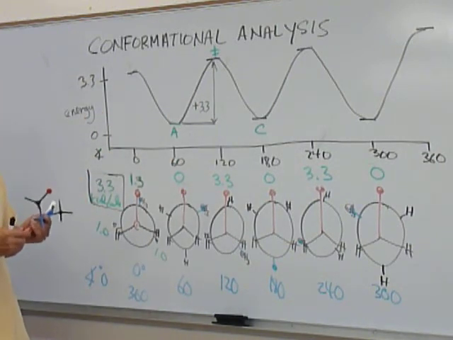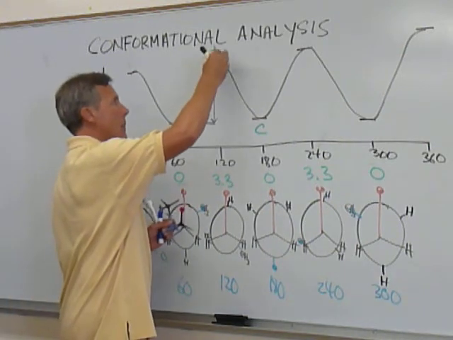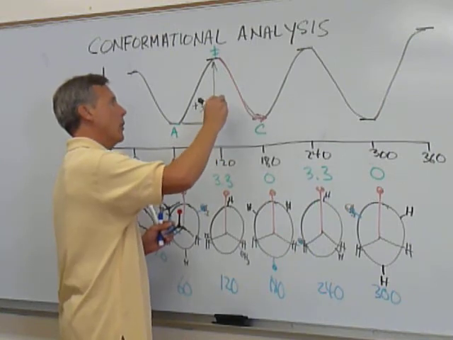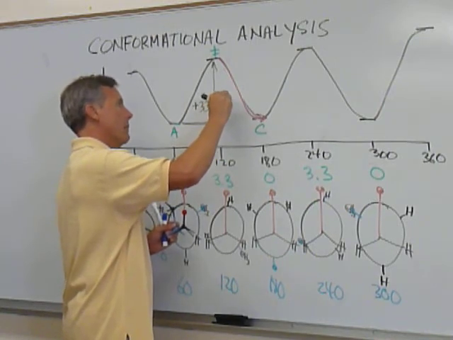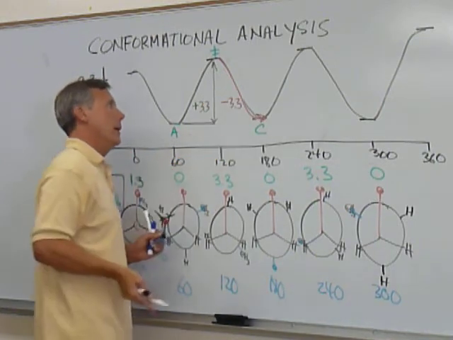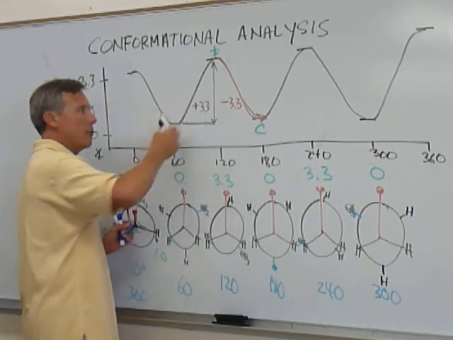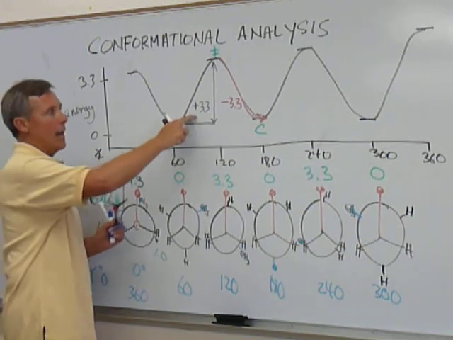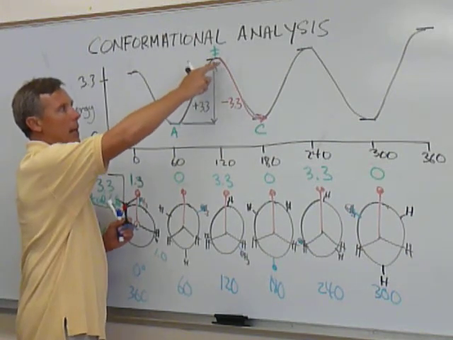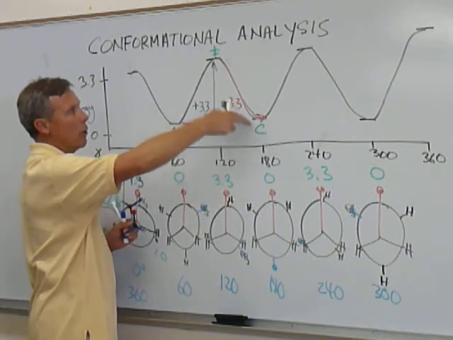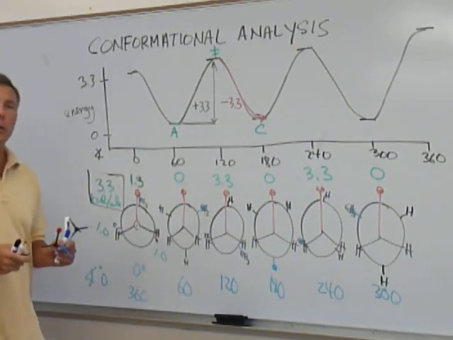If we cascade down the other side, we have an energy value of negative 3.3. Again, the energy value sign tells us the flow of energy. We're adding energy to go up in energy, positive energy, negative energy is released as we go downhill.